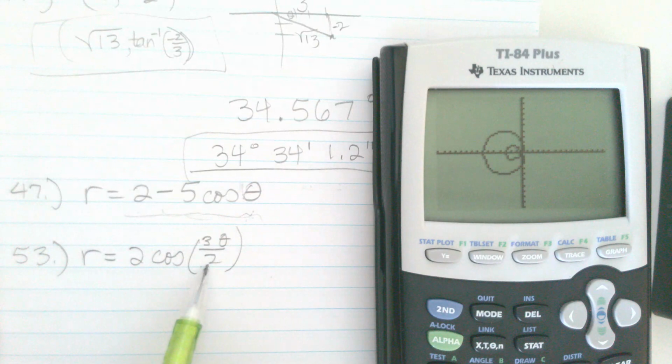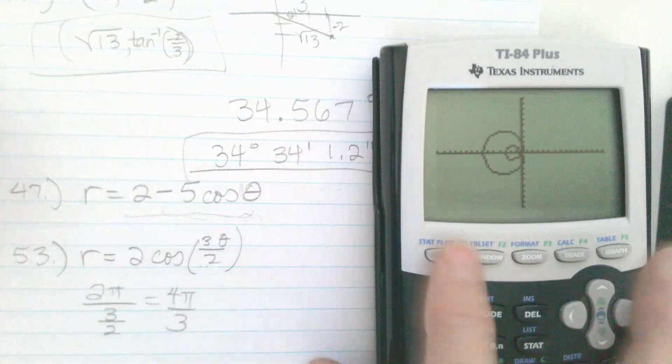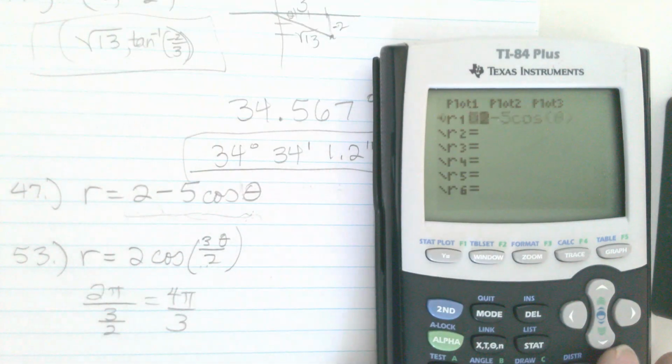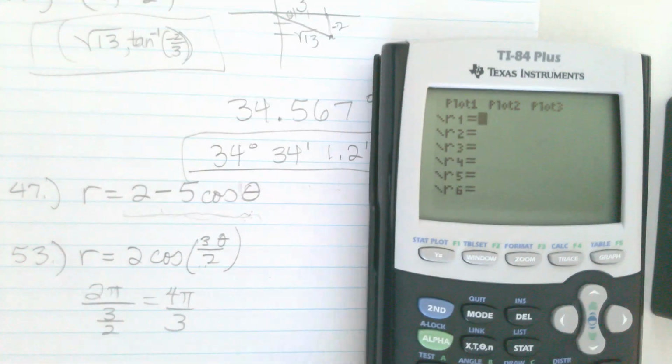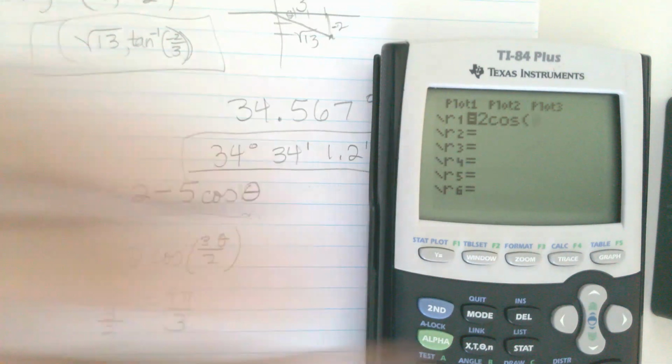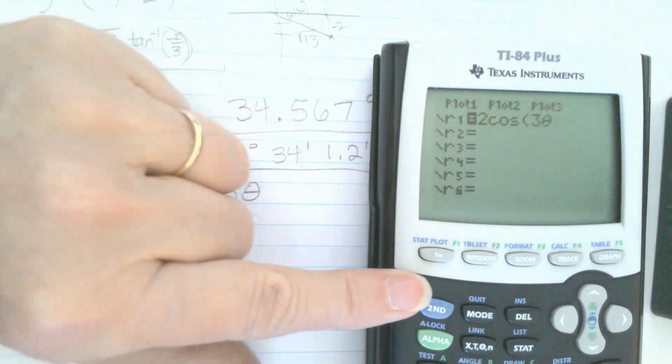This one was weird though, because 2 pi over 3 over 2 gives me 4 pi over 3. But when we put it in there, it clearly doesn't go around the whole figure in 4 pi over 3. 3 theta over 2.